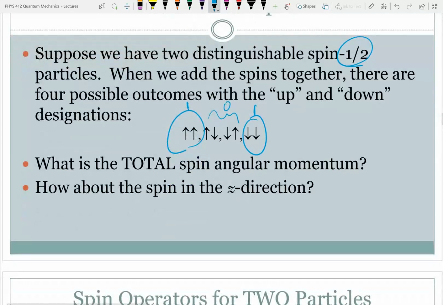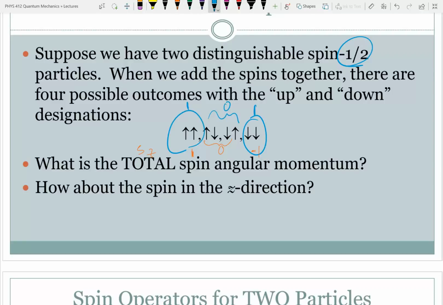Okay, I'm going to put 0. We're going to find that's not correct, but I'm going to put that because that's the obvious answer. Now, the z direction is the numbers that you said: 1, -1, and 0. So this is SZ.